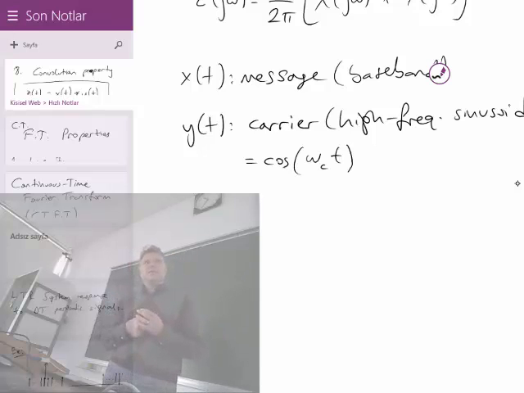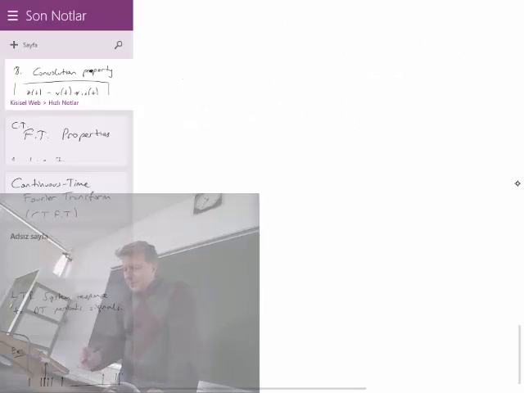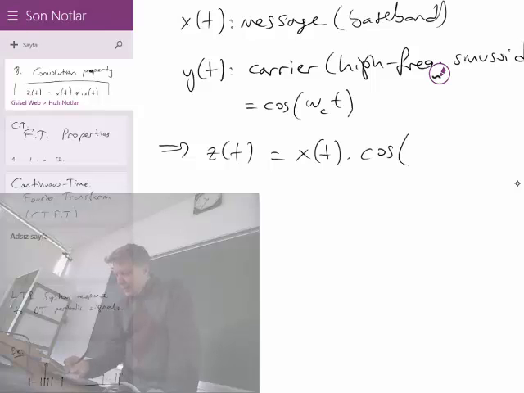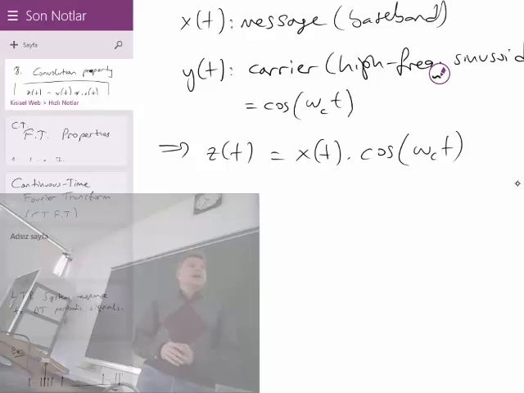Fc will be the carrier frequency. This is the carrier frequency in radians per second, not hertz or kilohertz. So you are multiplying your x of t with a cosine omega c t. This is a multiplication in time domain.